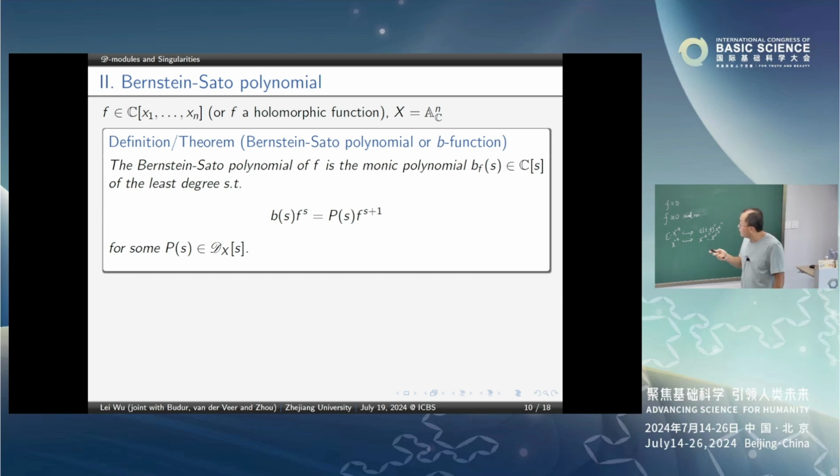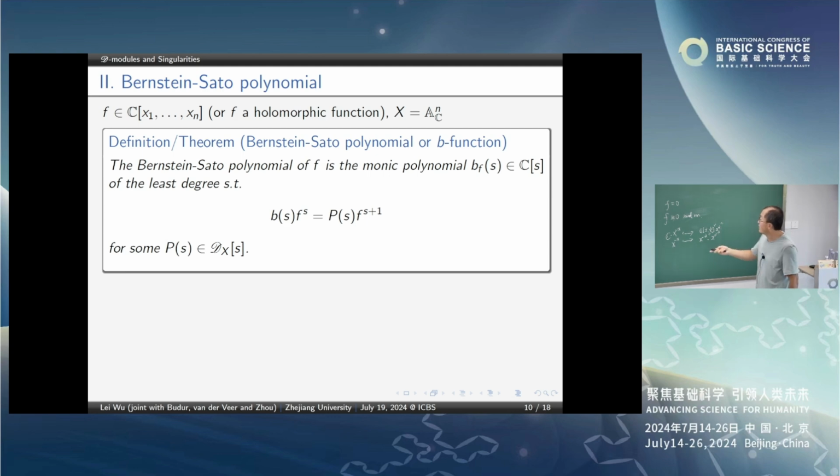Then the Bernstein-Sato polynomial, which we denote b_f(s), is a monic polynomial in C[s], where s is exactly the independent variable we introduced, so that this functional equation is satisfied: b(s) f^s equals P(s) times f^(s+1).